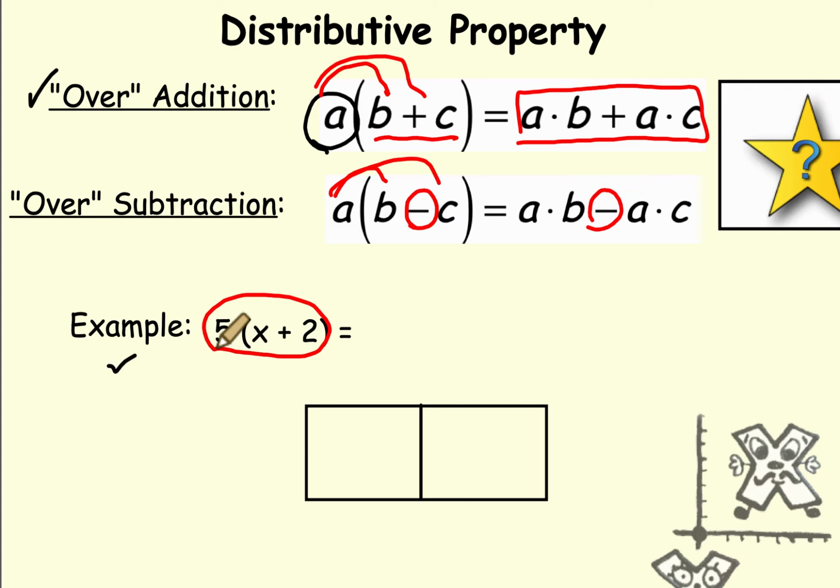The factor that I'm multiplying the expression x plus 2 by, I have to multiply the 5 times x, and I have to multiply the 5 times the positive 2, and 5 times 2 is 10. Since I don't know what the value of x is, I can only write it as 5 being the coefficient of the variable x.